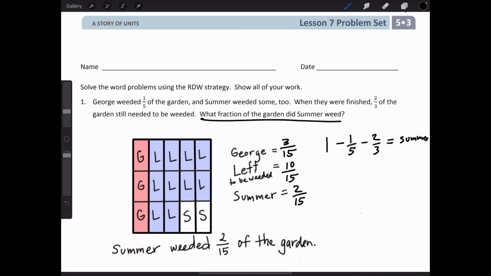We would have gotten our common denominator, which we found out was 15. So one whole is 15/15 minus 3/15 minus 10/15, and that would equal 2/15, which was the fraction of the garden that Summer weeded.